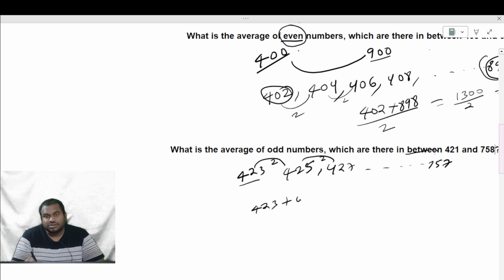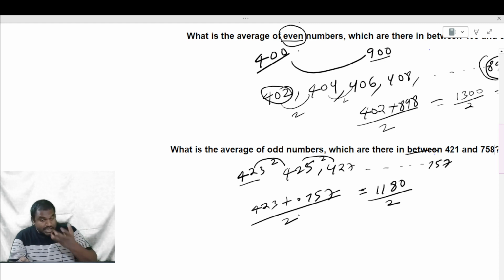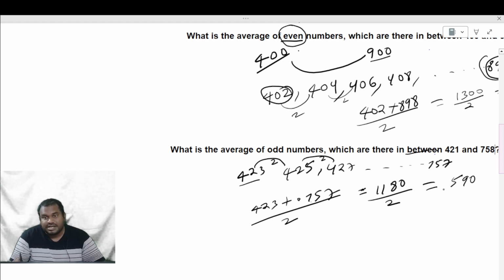The first number is 423 and the last number is 757, divided by 2. 700 and 400 is 1100, and 57 and 23 is 80, so this is 1180 divided by 2. 1180 by 2 is nothing but 590. 590 is the average of the odd numbers which are there in between 421 and 758.